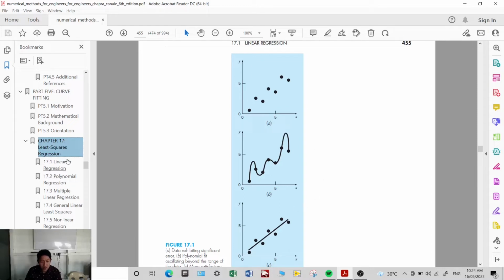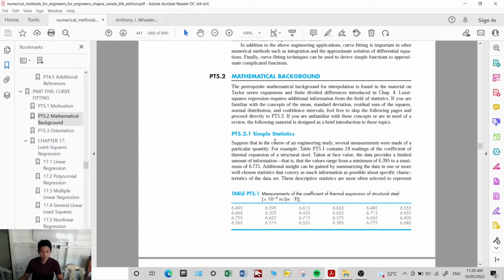So the method of least squares regression will tell us which of these functions is the correct representation. Let's review first some simple statistics that we'll be using for curve fitting.